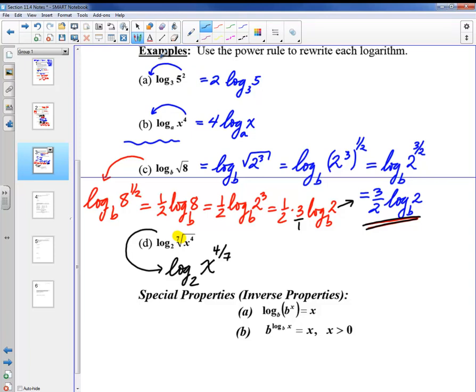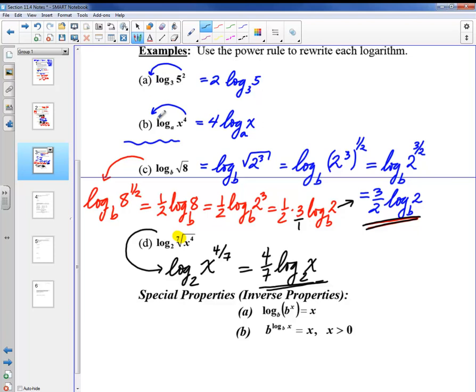So the power is actually 4/7, x raised to the 4/7. Then you use the power rule and you bring the 4/7 in front, so it would be 4/7 log base 2 of x. And that is the power rule.